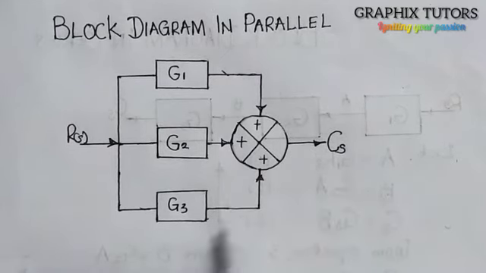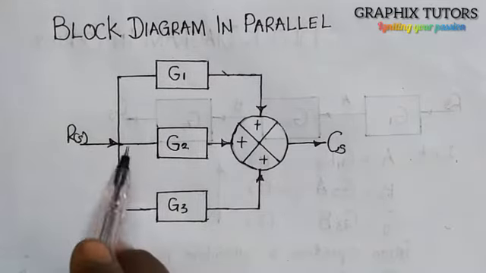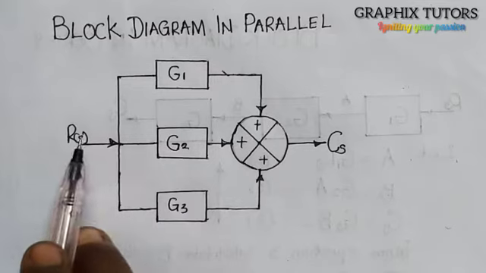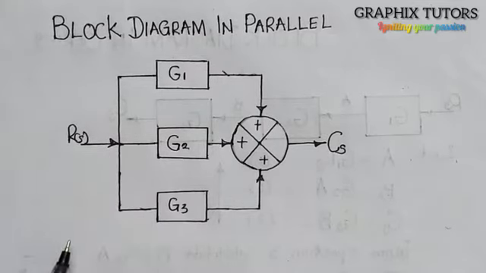Are we together now? Another new introduction that we are putting here is what we call the takeoff point. You see this point, it looks like a junction. In terms of electrical engineering science, we call it more like a node. But in this case, we call it the takeoff point. This is the point where the signal branches out and goes concurrently into other blocks.